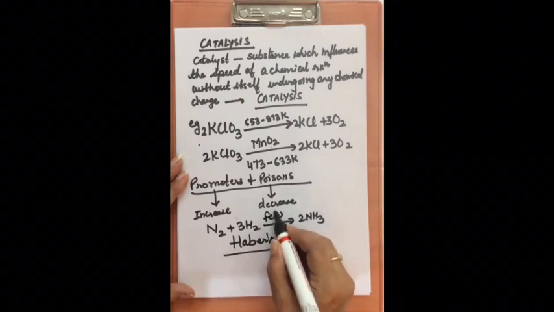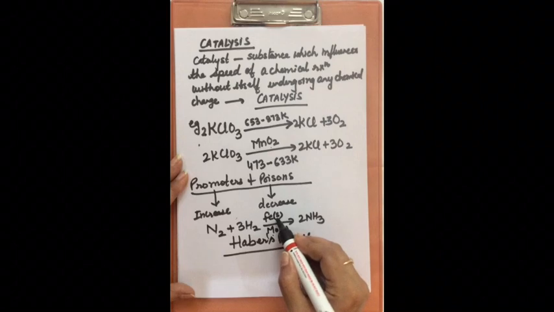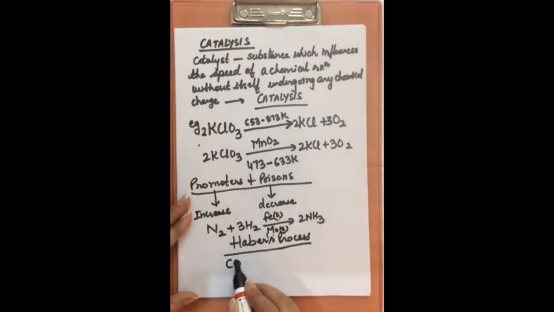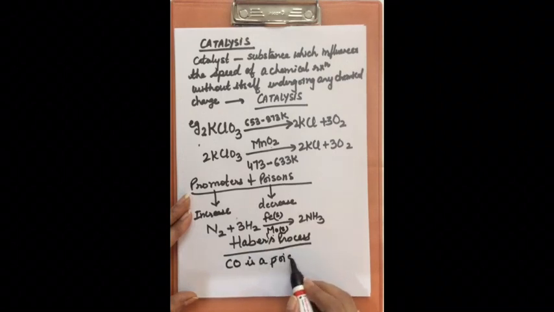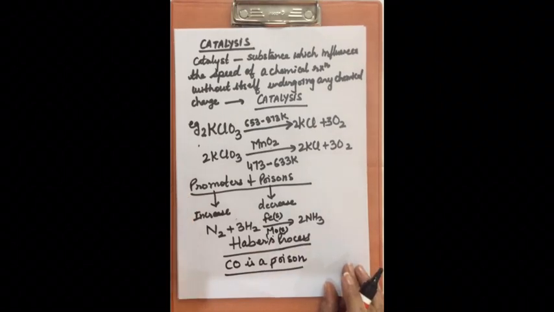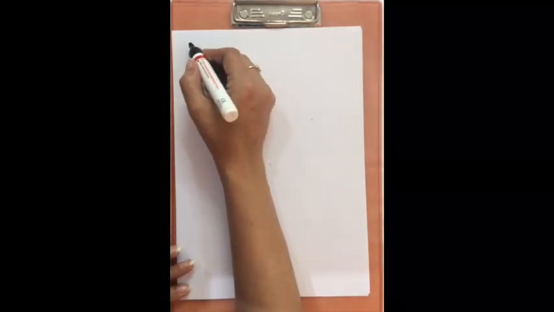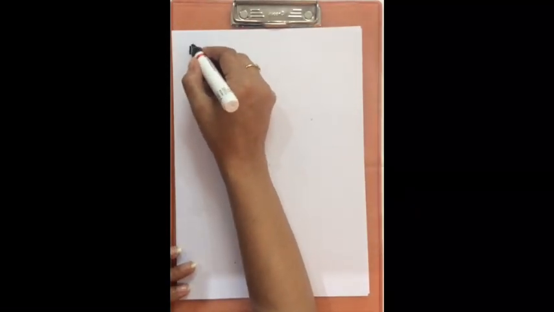Iron is a catalyst here, while molybdenum is a promoter that increases the efficiency of this catalyst, while CO in this process is a poison. If there is CO here, then the activity of the catalyst will decrease. After knowing catalysis, promoters and poisons, we come to the two types of catalysis.